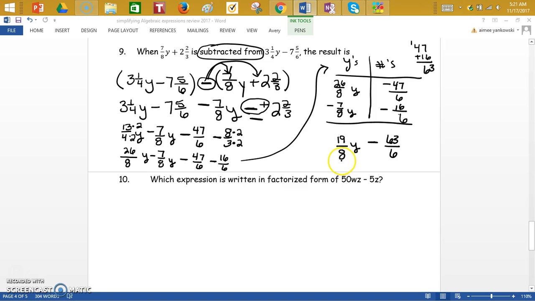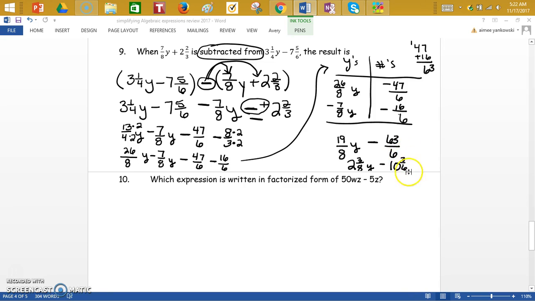Now I'm sure you have to rewrite these back as mixed numbers. And maybe some of you don't convert and find common denominators, but I know that Ms. Sherman encourages that. 8 goes into 19 2 times. 8 times 2 is 16 with 3 left over. So that's 2 and 3 eighths y minus, how many times does 6 go into 63? 6 goes into 63 10 times. 6 times 10 is 60, so we have 3 sixths left over.